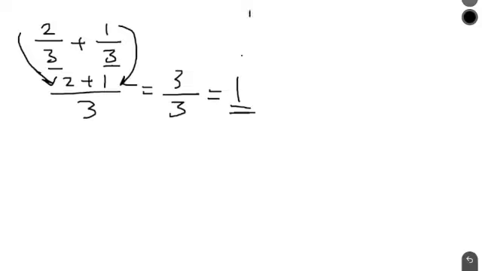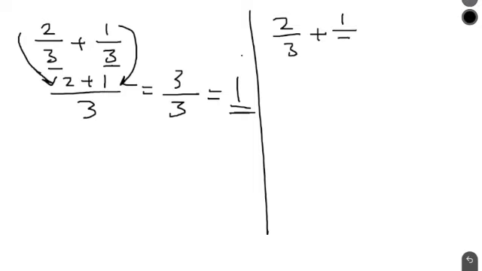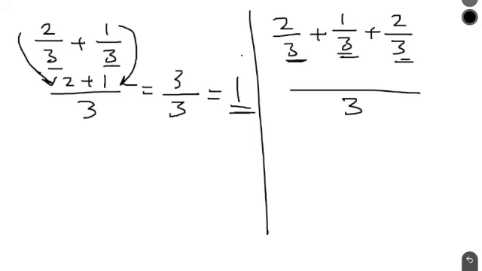Okay? If we have 3 fractions to add, and they have the same denominators, it's the same situation. Since the denominators are the same, we would have 3 here, and then we would bring down each numerator on the next line.